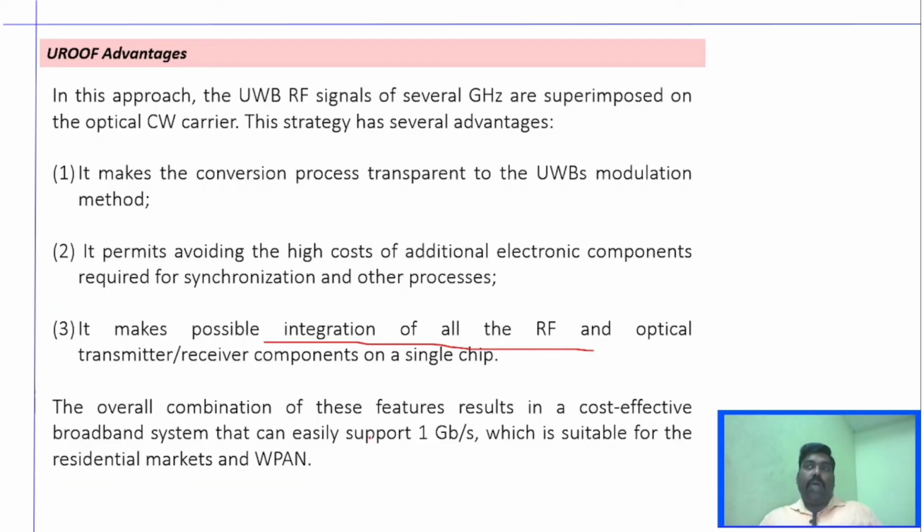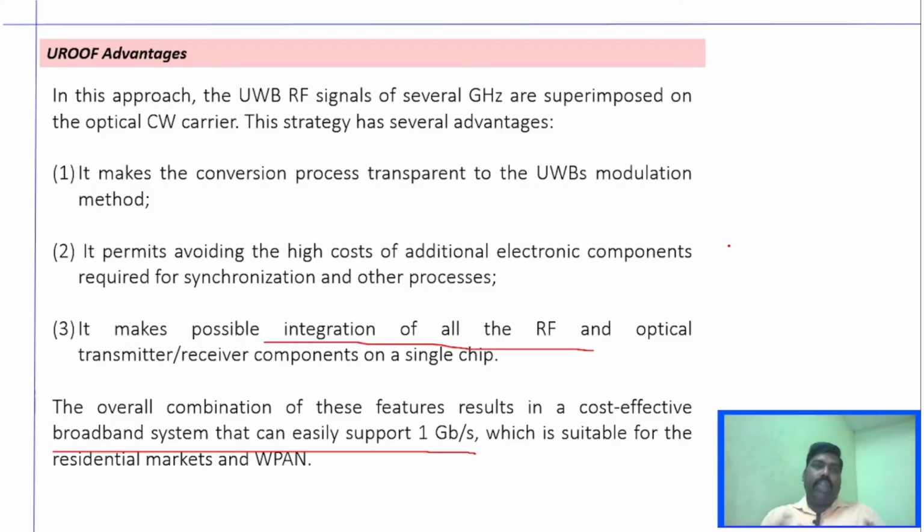And the overall combination of these features results in a cost-effective broadband system that can easily support 1 Gbps, which is suitable for the residential market as well as UWB WPAN, right? As I said, this is mainly focused on wireless personal area networks so that we can extend that particular range and achieve a cost-effective broadband system, right? So this is the greatest advantage of this particular technology.